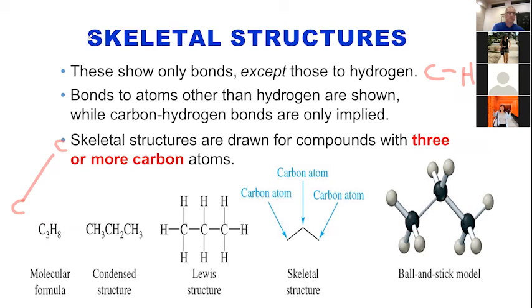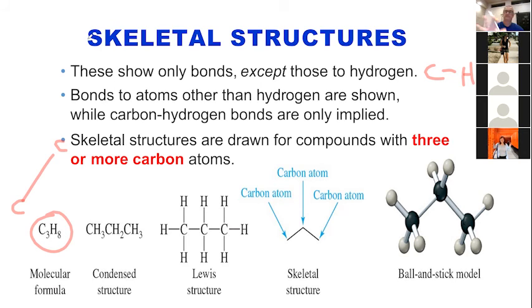So here's our molecular formula. What's that particular molecule? Got 3 carbons. Propane. Propane, that's right. Methane, ethane, propane.